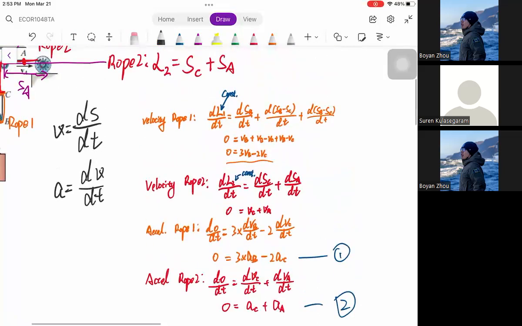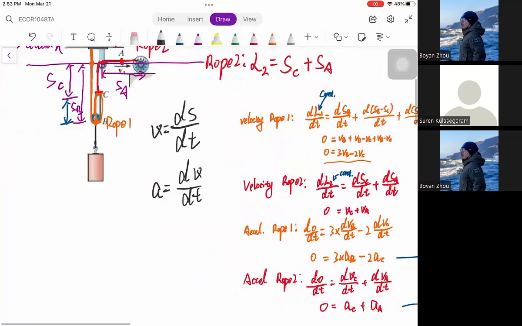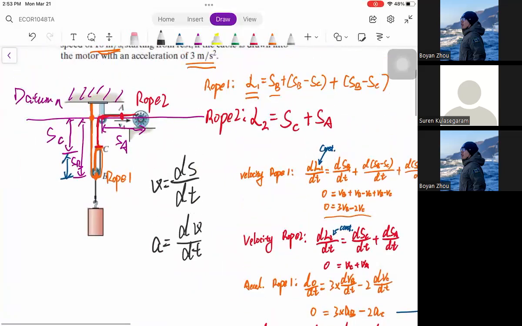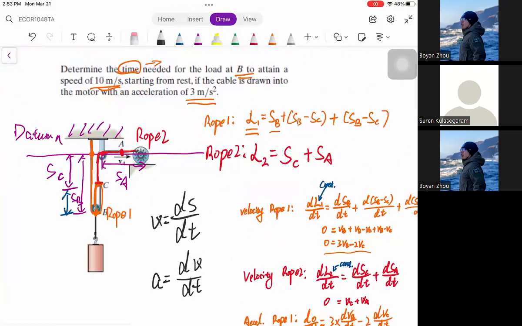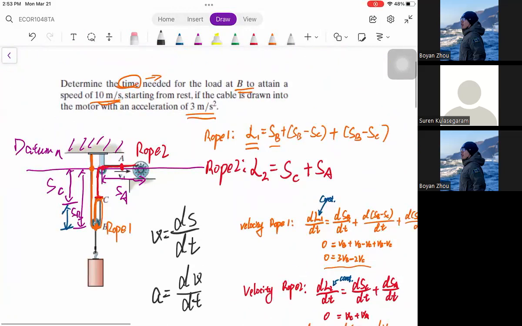Okay, so what we need, like the question was asking, okay, what's the question asking? Yeah. So that means VB is equal to 10 meters per second.